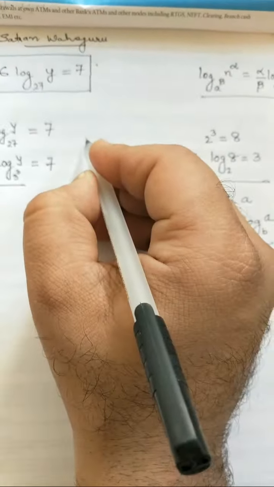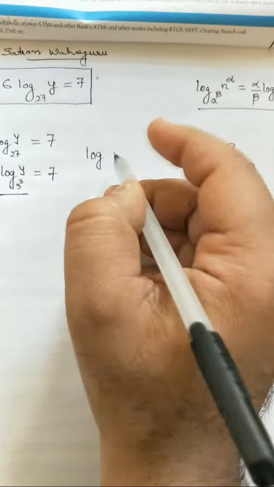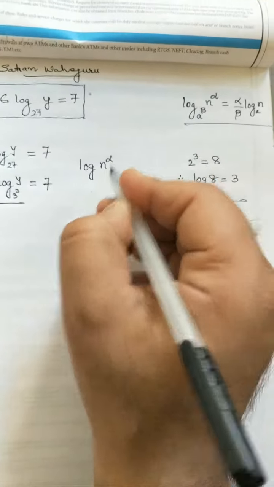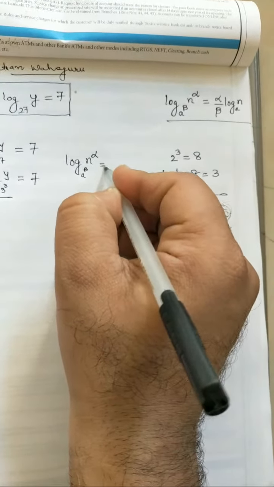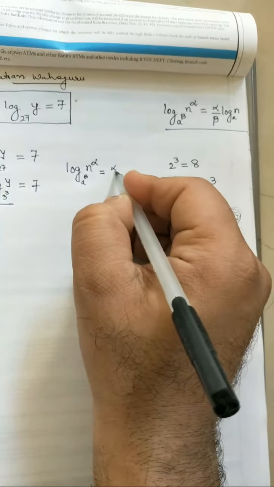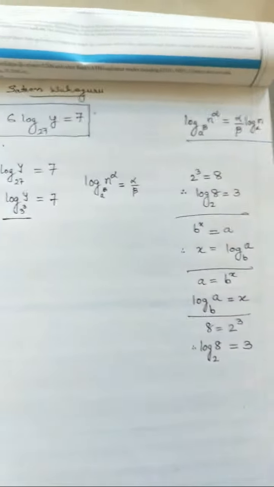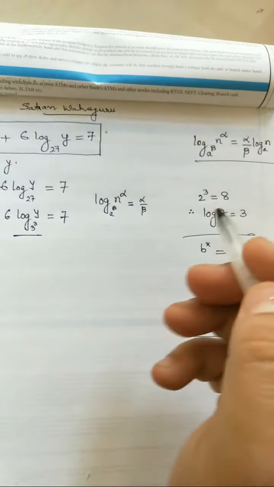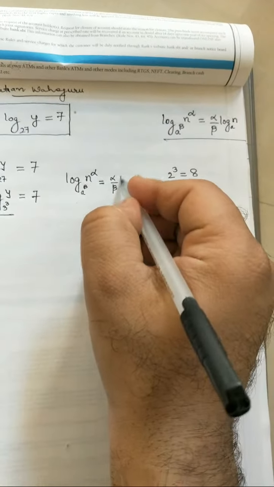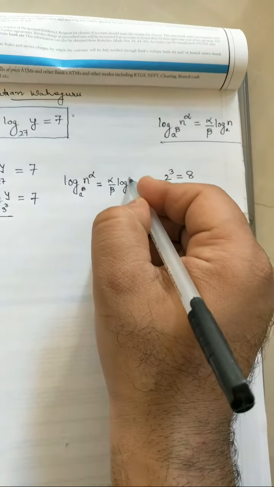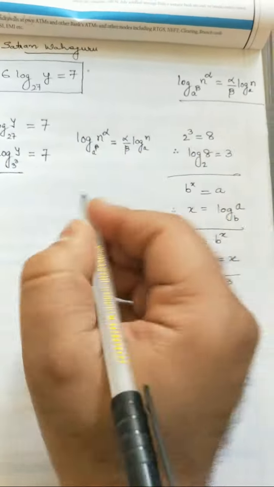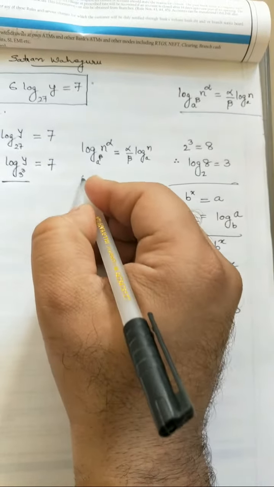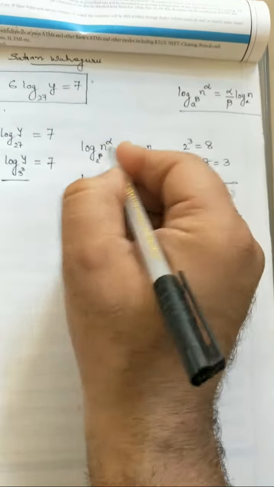Let's first write here. Log n raised to alpha to the base a raised to beta is equal to, this is a standard result. Its answer will always be alpha by beta log n to the base a. Why so? Concentrate on this.